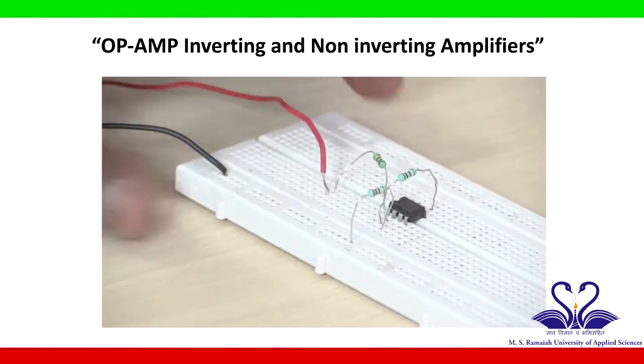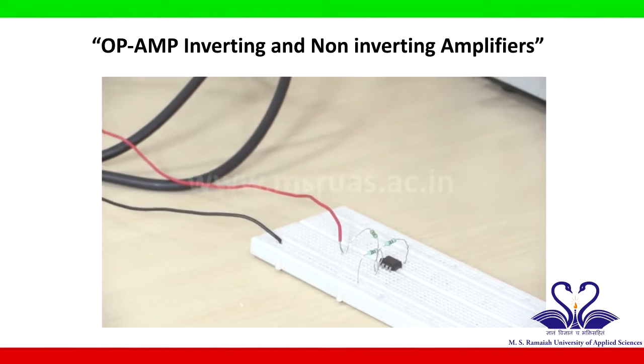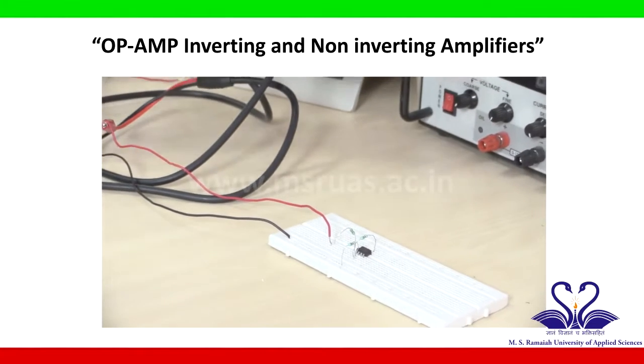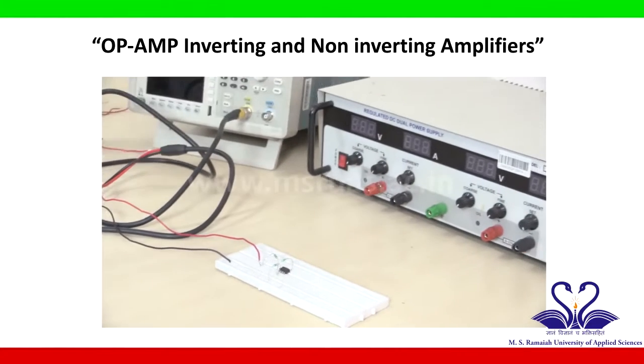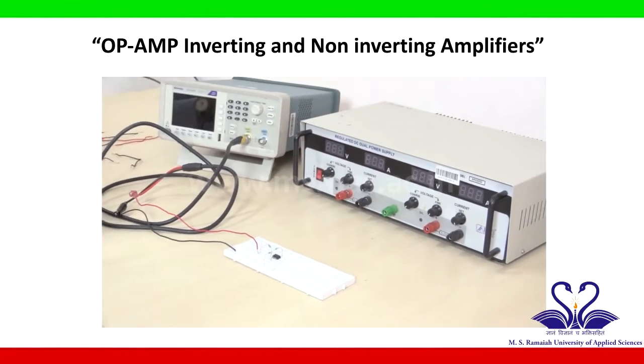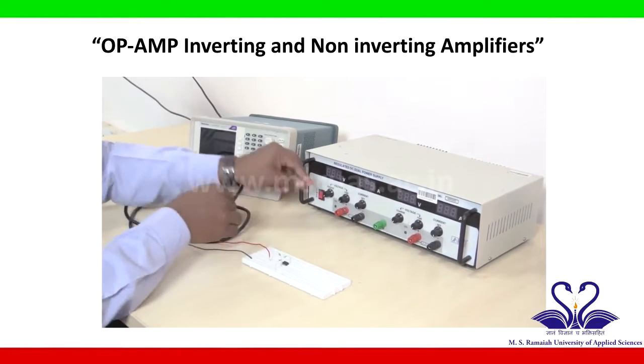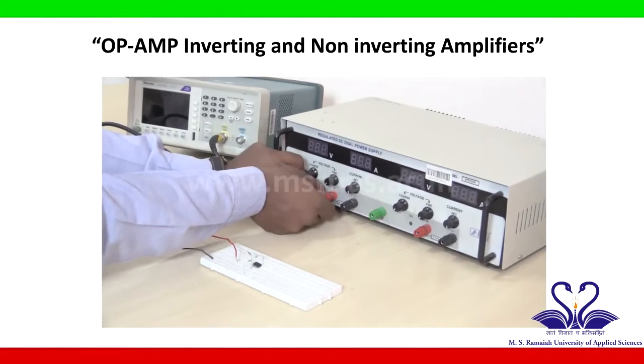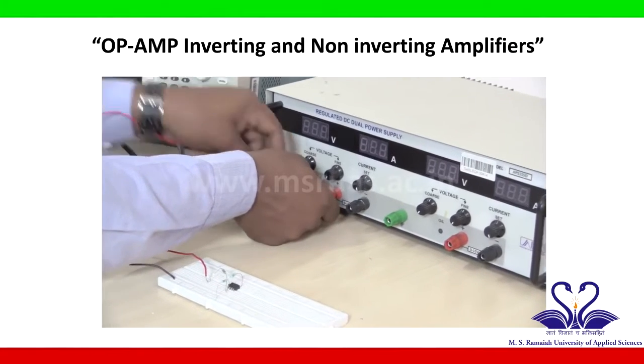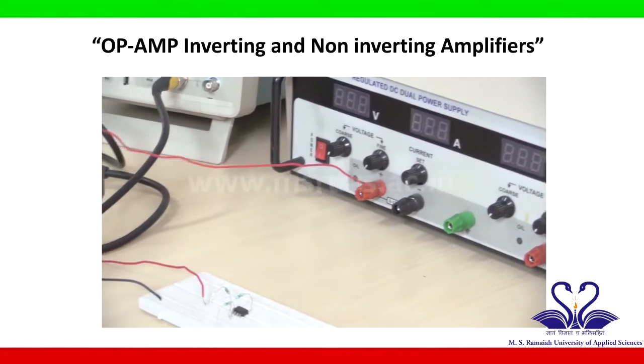Now we will connect plus VCC and minus VCC by using dual DC power supply. To connect that, I will use this source. This is called plus VCC. I will connect it to pin number 7 based on a given circuit.